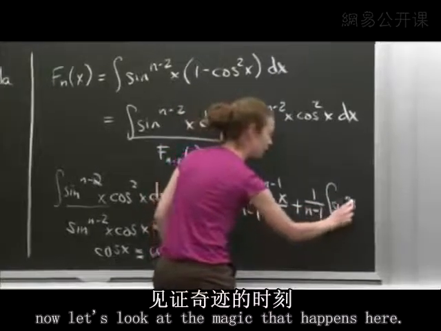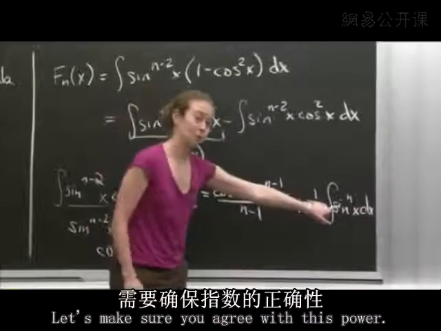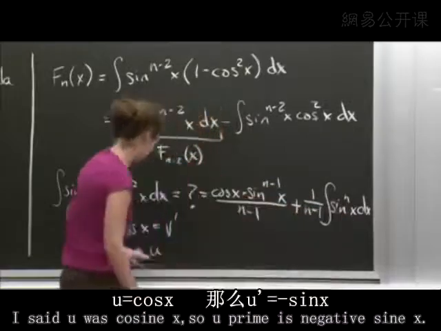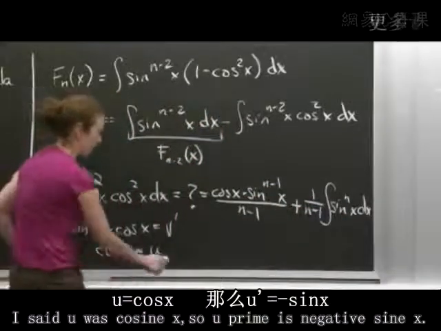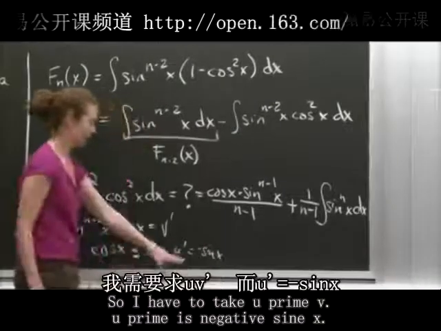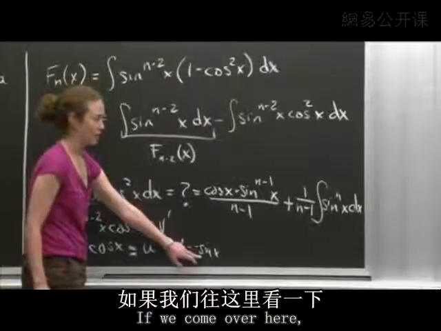Now let's look at the magic that happens here. Let's make sure you agree with this power. It's the nth power of sine x. So let's double check. I said u was cosine x, so u prime is negative sine x. So I have to take u prime v. u prime is negative sine x.